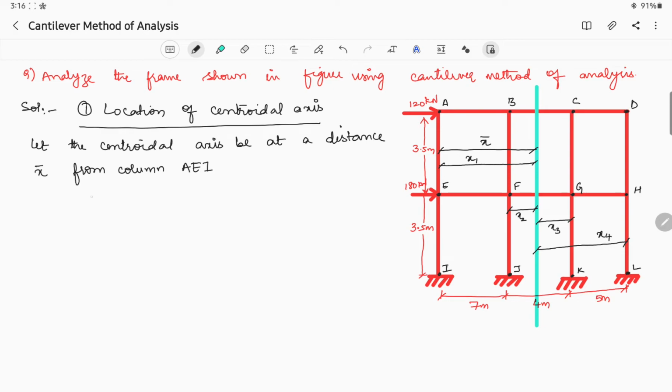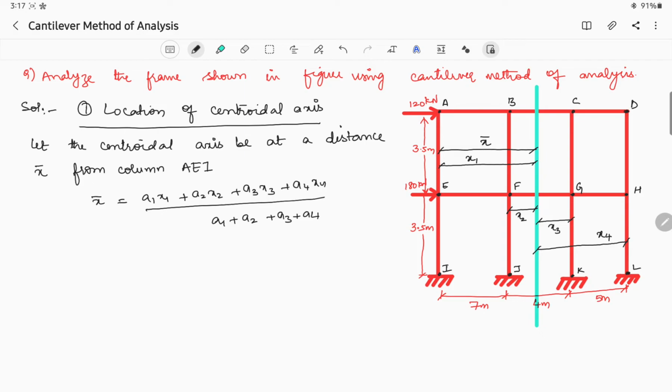So how to calculate our centroid? Centroid can be calculated with the help of x bar is equal to a1 x1 plus a2 x2 plus a3 x3 plus a4 x4. How many x's are there? x1, x2, x3 and x4, right? Divided by a1 plus a2 plus a3 plus a4.